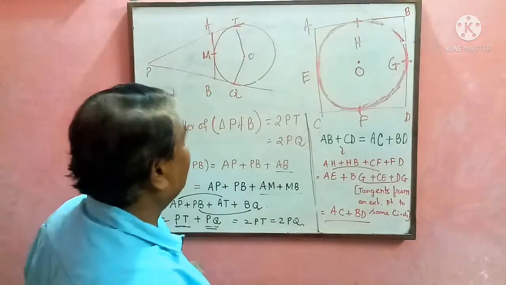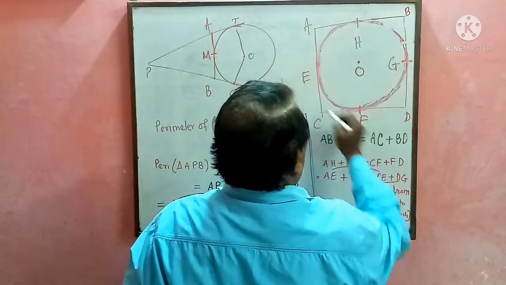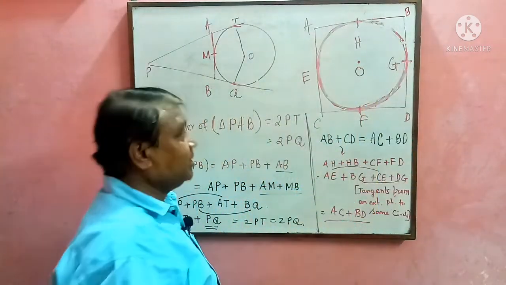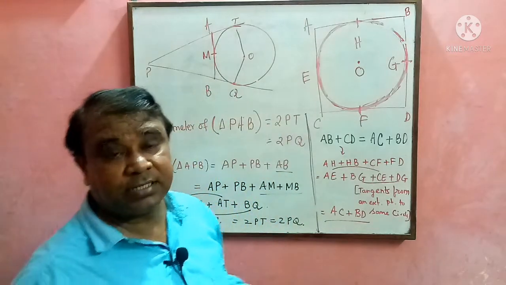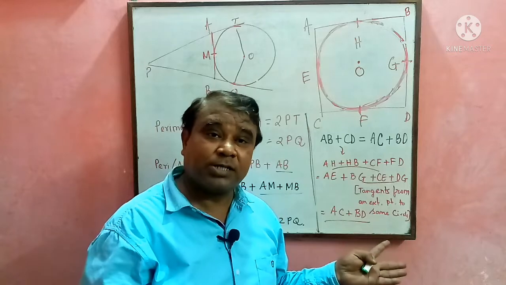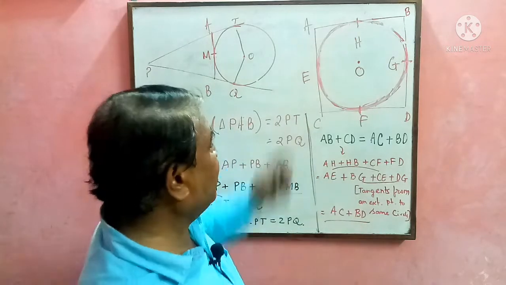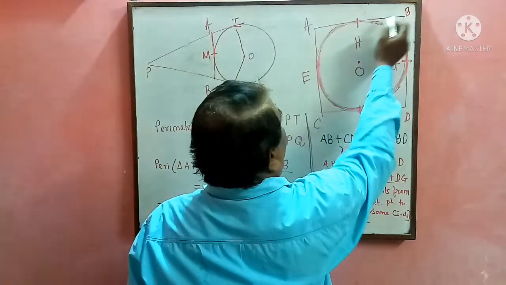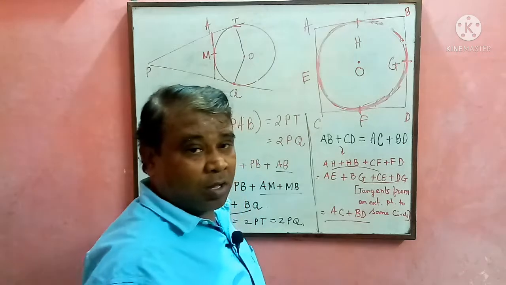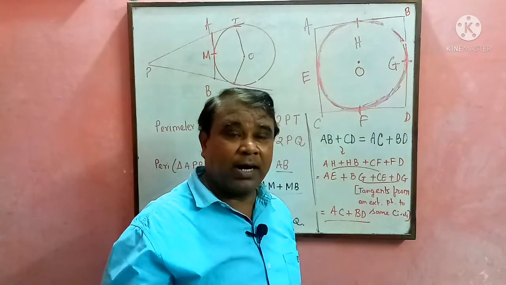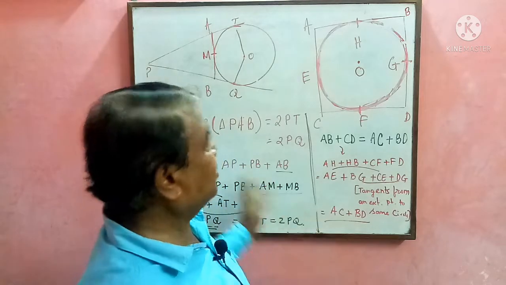Now, here a circle is internally touching a quadrilateral. In this case, again we have the same identity, the same formula, that tangents from an exterior point to the same circle are equal in length. We will use it and we will get it here. The sum of opposite sides of a quadrilateral are equal if a circle is inscribed in it.